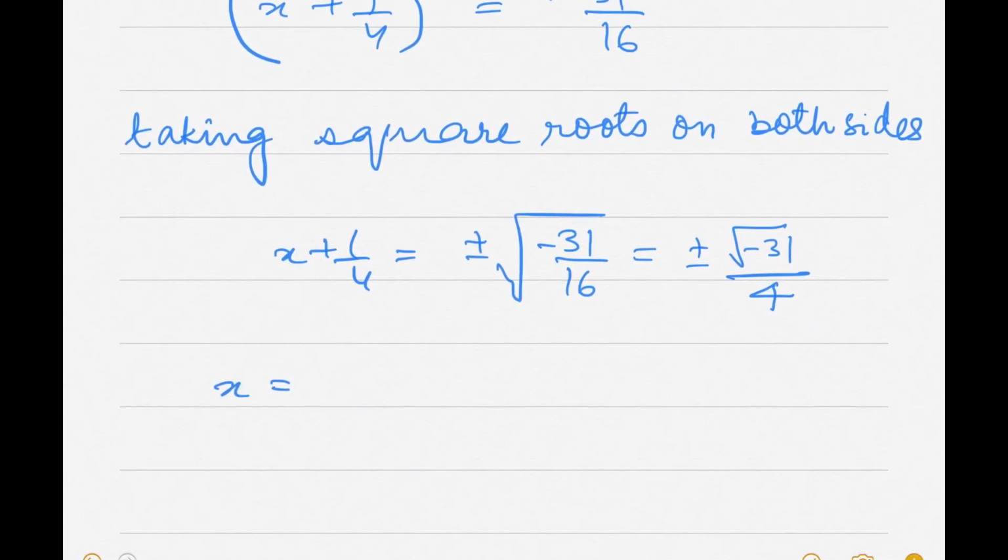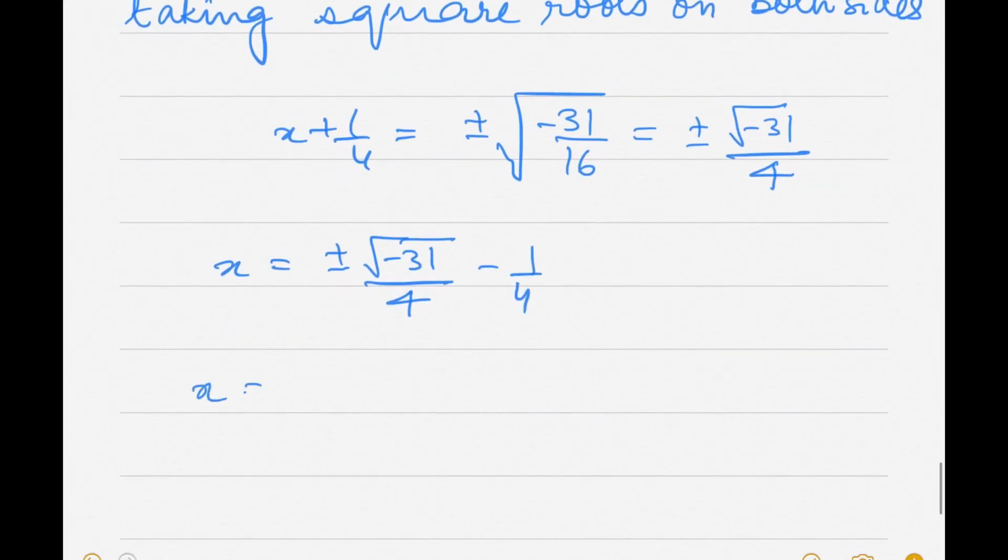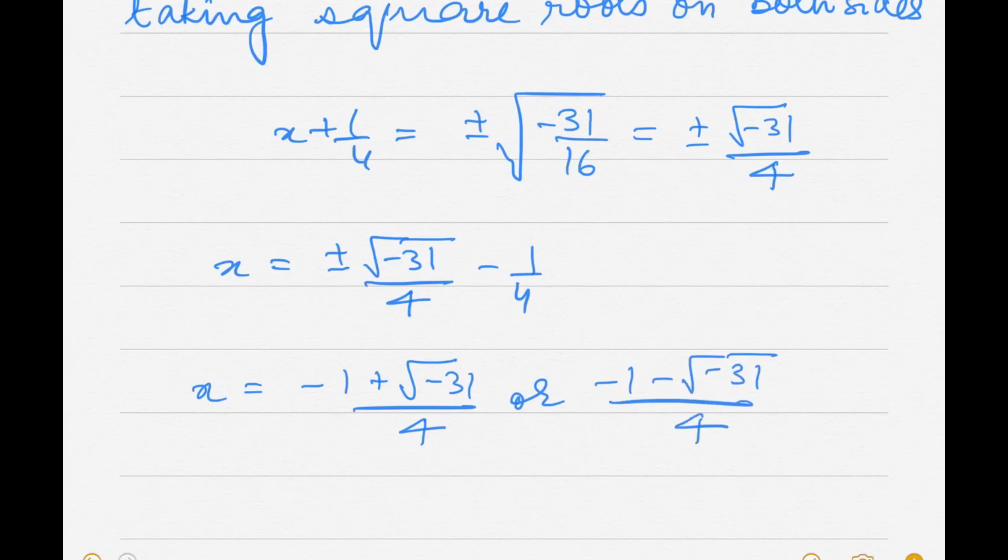Now my x is equal to plus minus root of minus 31 by 4 minus 1 by 4. So x would be equal to minus 1 plus root of minus 31 by 4, and this would be equal to minus 1 minus root of 31 by 4.